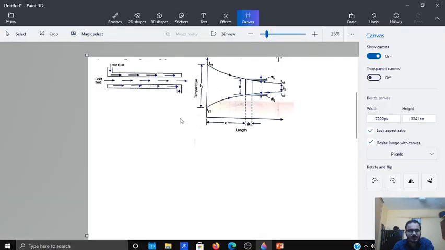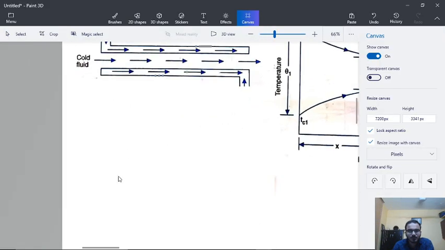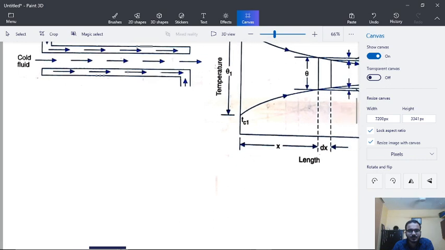So let's begin now. Our objective is to calculate the effectiveness for parallel flow heat exchanger first.